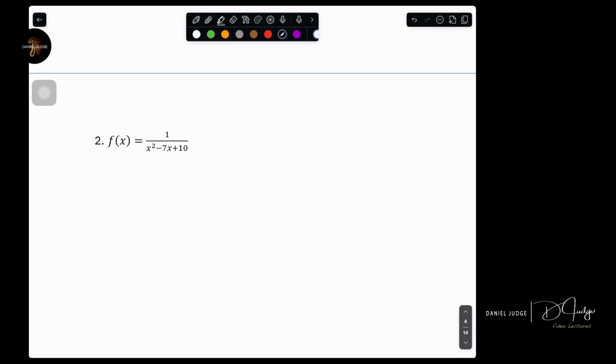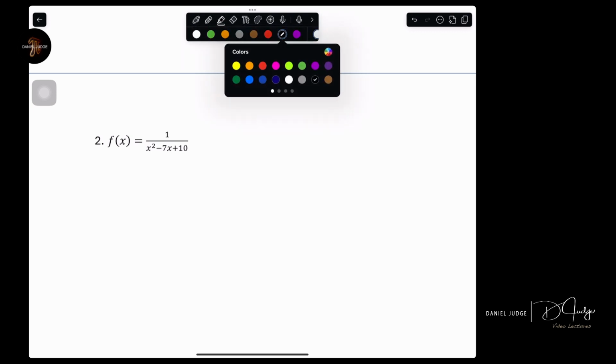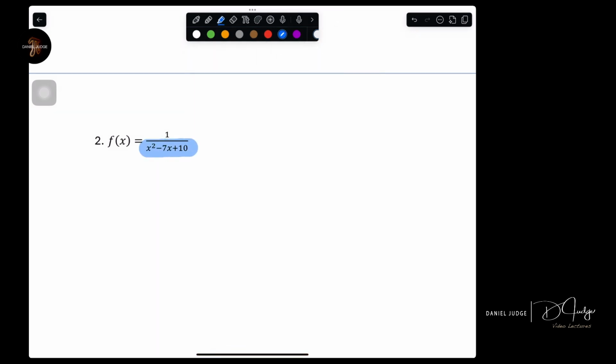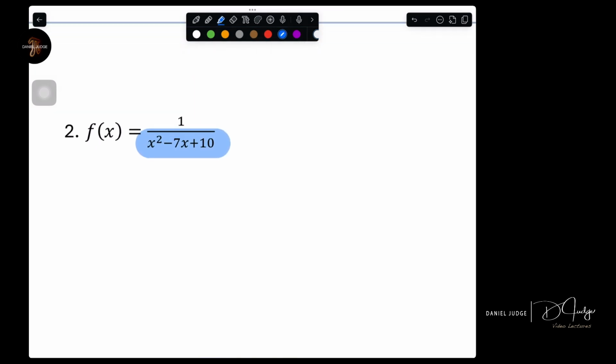Here's another illustration where we have, again, a rational function. We want to write it as the sum or difference of simpler rational functions. But again, the denominator here is a quadratic.